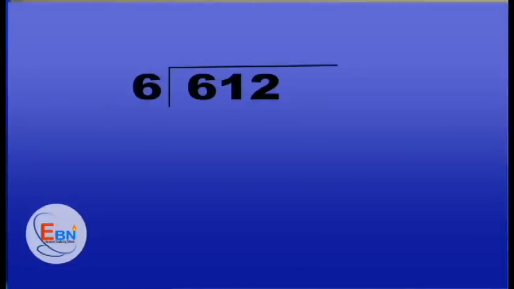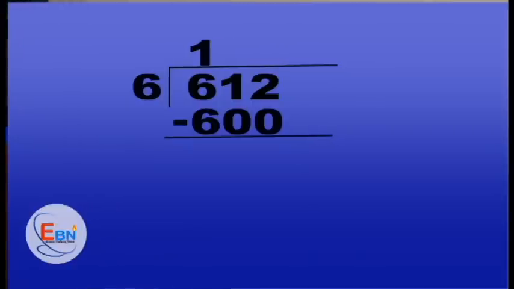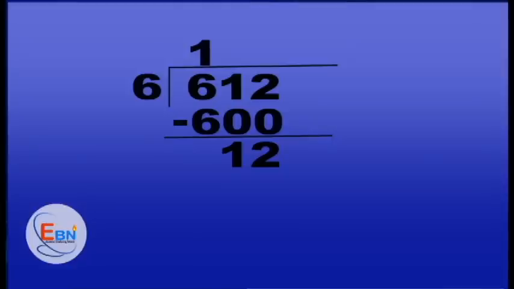When 600 is equally divided into 6 groups, each group gets 100, which means we would have used a total of 600 with a remainder of 12. We show our remainder of 12 by subtracting 600 from 612.